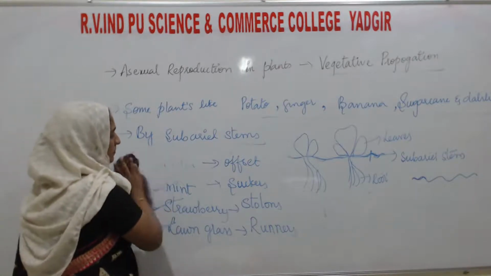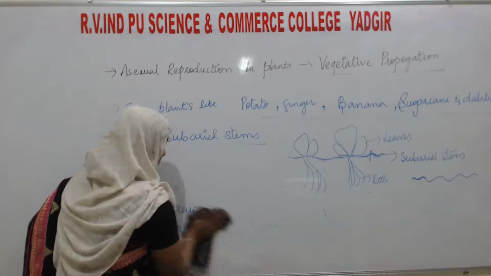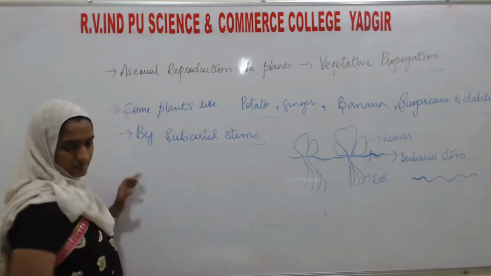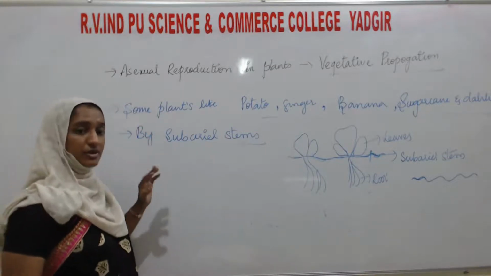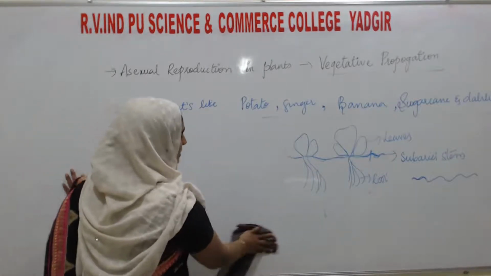Then comes the third part of the stem, or the vegetative propagation by stem. The third one is the aerial stem. Totally, the stem which is above the ground surface, that is by the aerial stems. Let's see here.